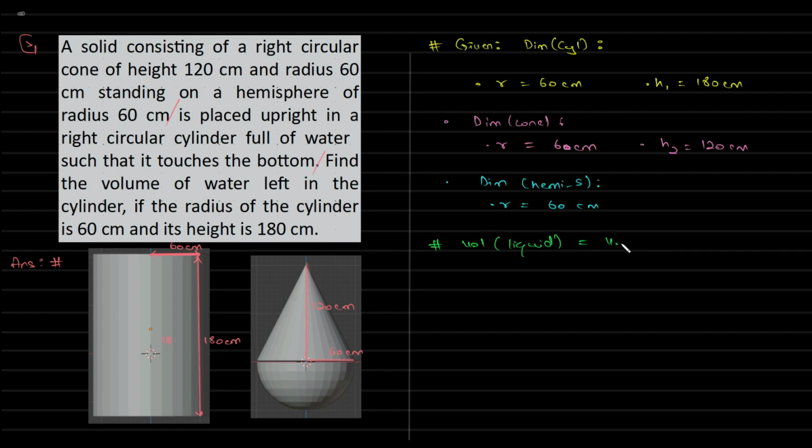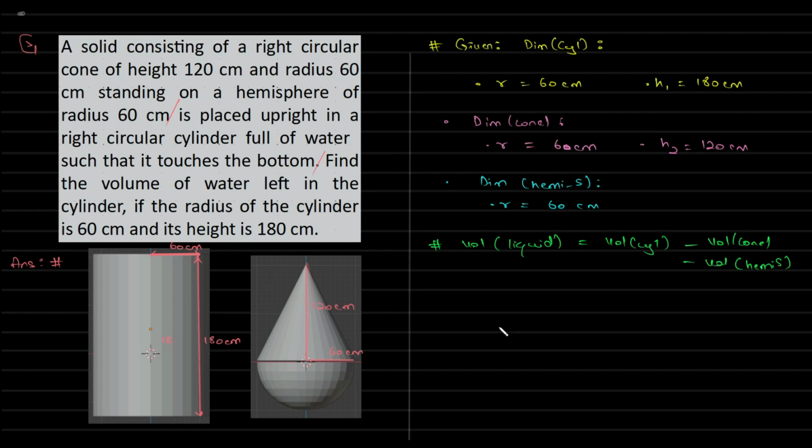That is nothing but the volume of the cylinder, obviously. Now the next thing is the tricky part. The volume of the water decreases once you keep these two, so we need to subtract them: the volume of the cone and the volume of the hemisphere, right?